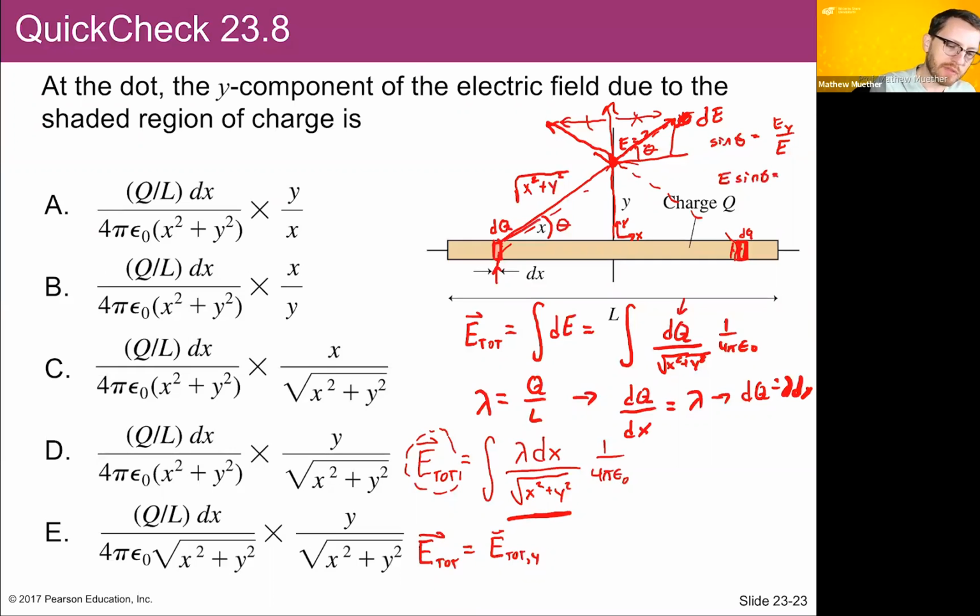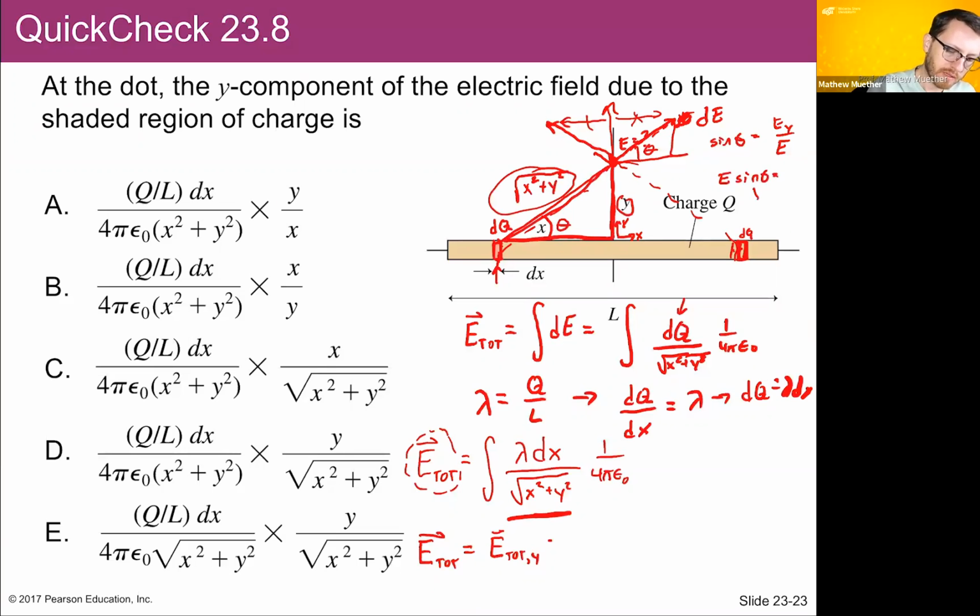And I can see from this similar triangle that sine is going to be this opposite side, which is y, over the hypotenuse, which is square root of x squared plus y squared.